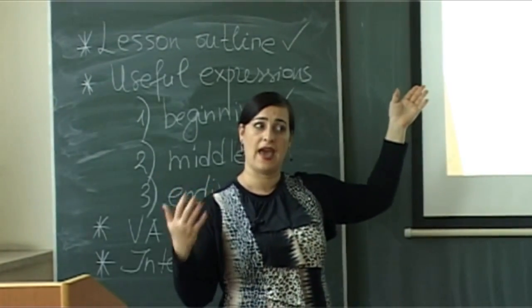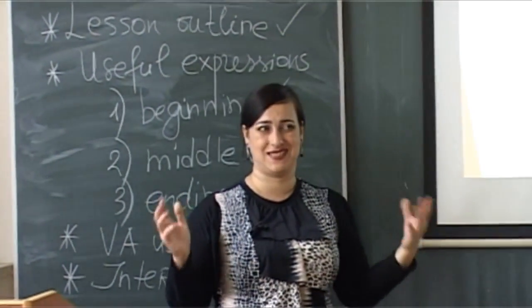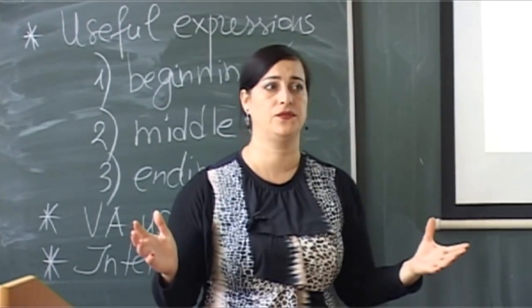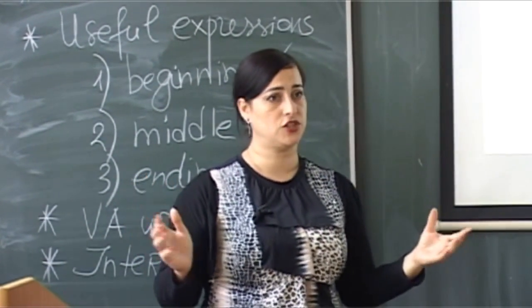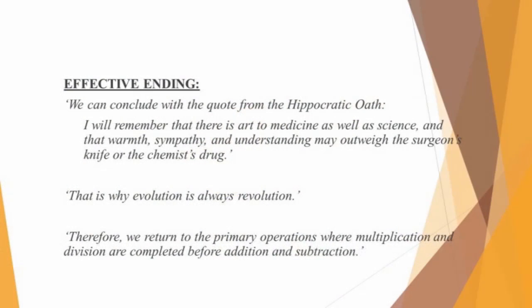We can have a strong statement at the end of the lecture, like the ones illustrated here. That is why evolution is always revolution. Therefore, we return to the primary operations where multiplication and division are completed before addition and subtraction.